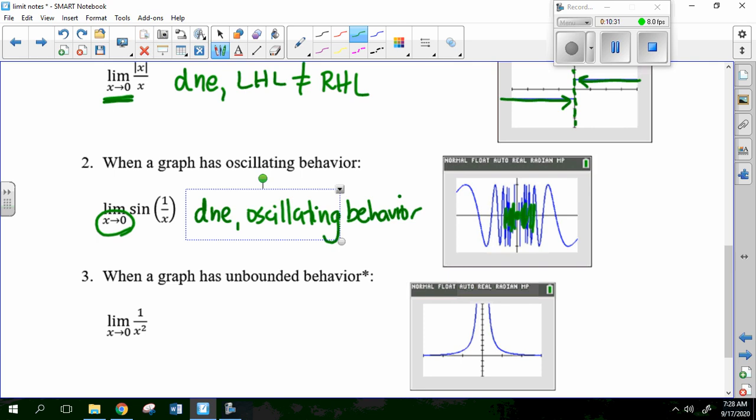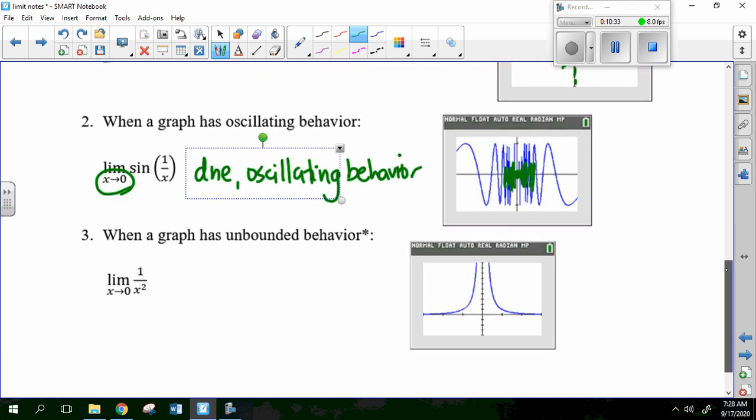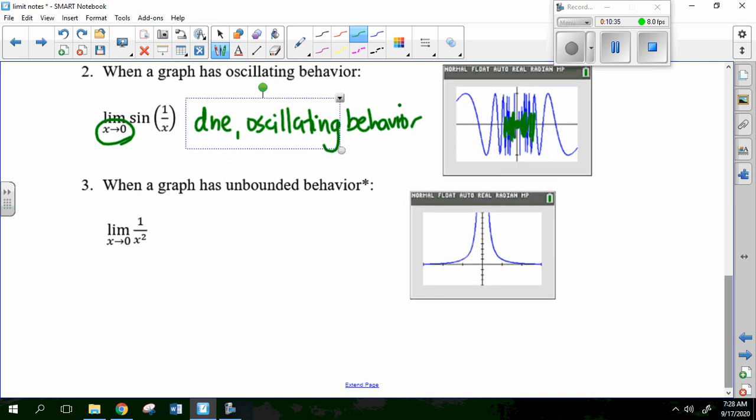All right, and last but not least, unbounded behavior. That typically means there are asymptotes and the graph goes off to some sort of infinity. So here we have the limit as x approaches 0 again, but our function is 1 over x squared, which hopefully you remember has an asymptote. It's really sloppy, but it has an asymptote at x equals 0 because the bottom's not allowed to equal 0, so it doesn't factor out like a hole.